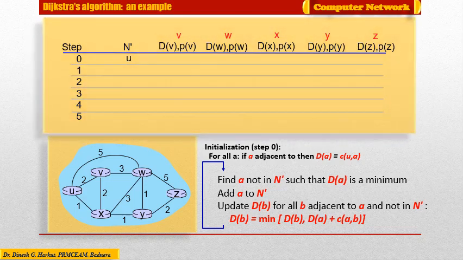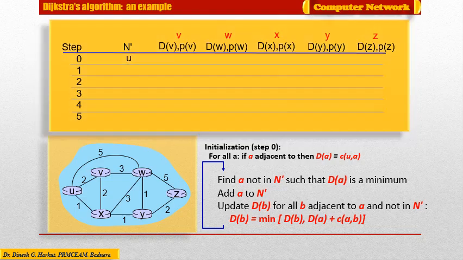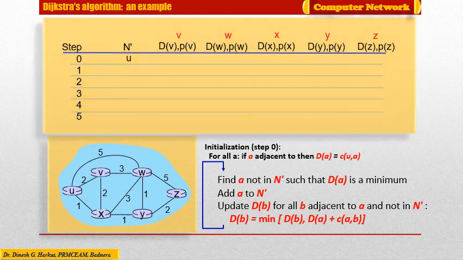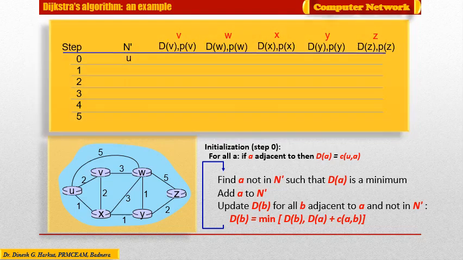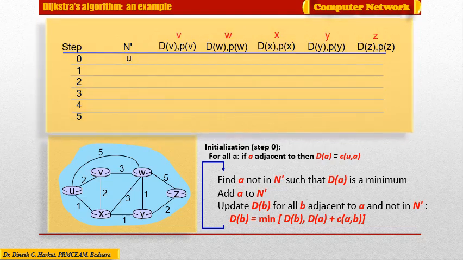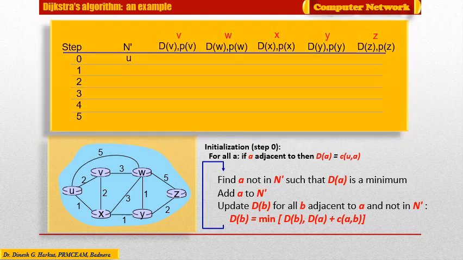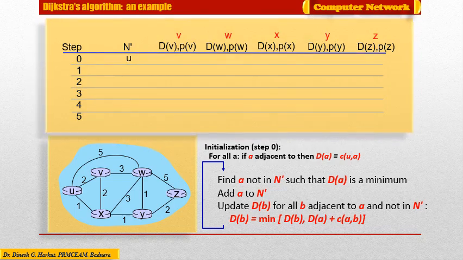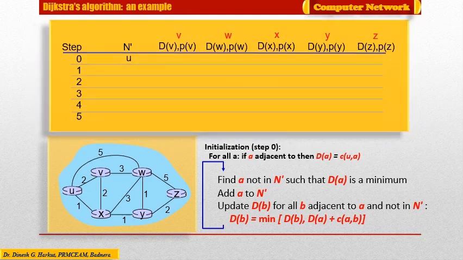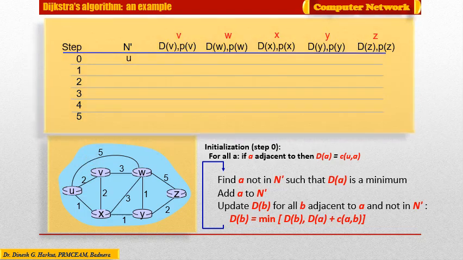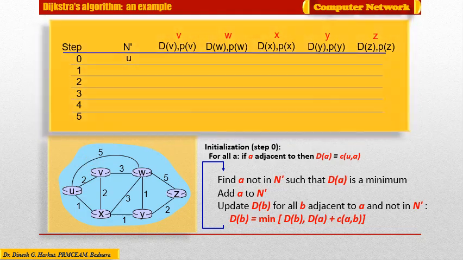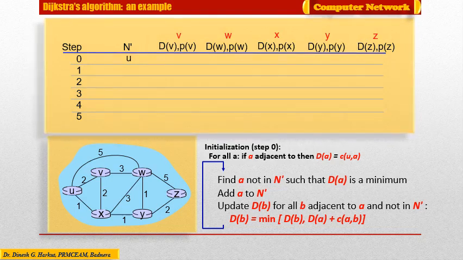Let us consider a few steps in detail so that we can understand it in a better way. In the initialization step, that is step number 0, the currently known least cost paths from the source node U to its directly attached nodes V, X, and W are initialized with the values 2, 1, and 5.